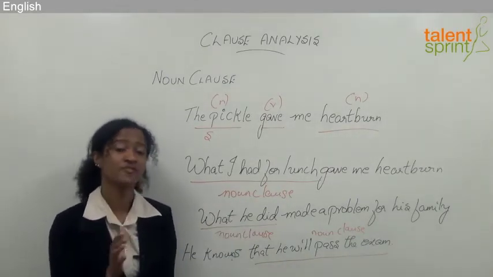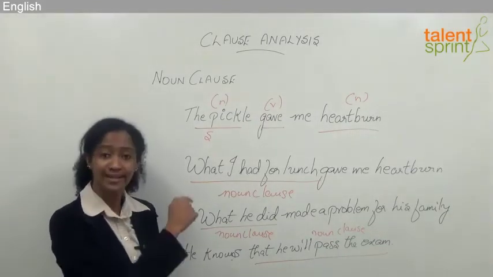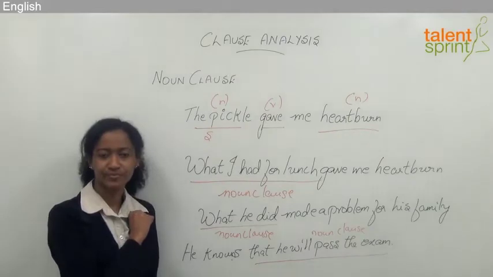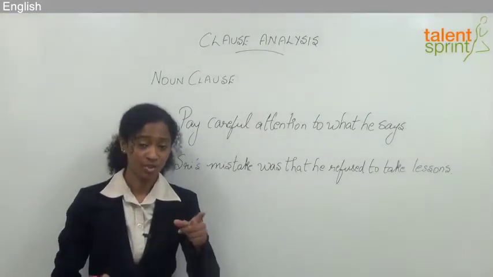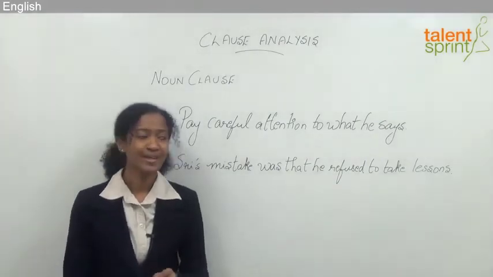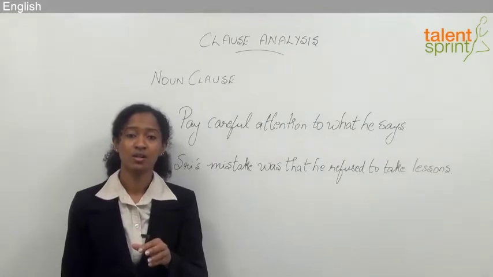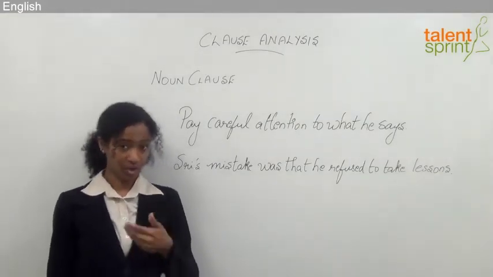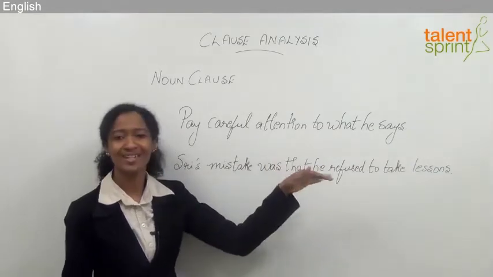A noun clause can also function as an object to a preposition. Let's see that with an example. So we saw how a noun clause functions as a subject to a verb, an object to a verb, and this sentence shows us how it functions as an object to a preposition, right? Pay careful attention to what he says.